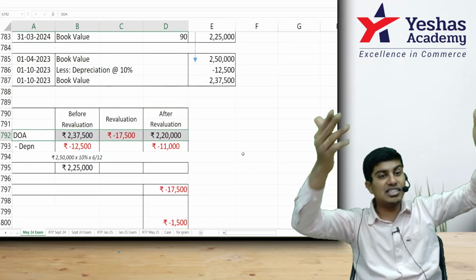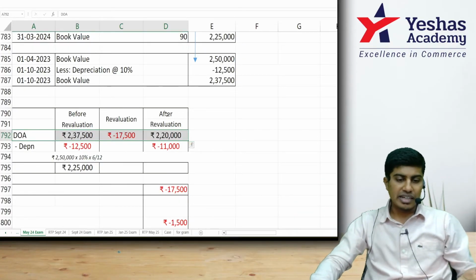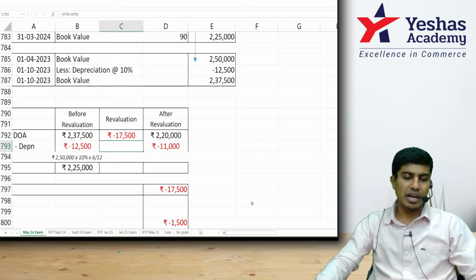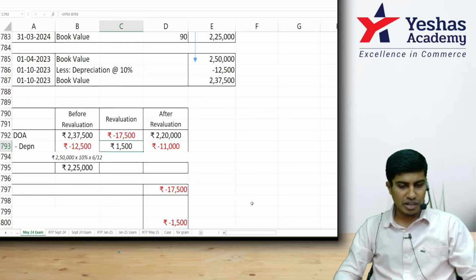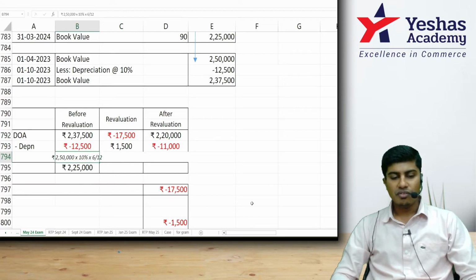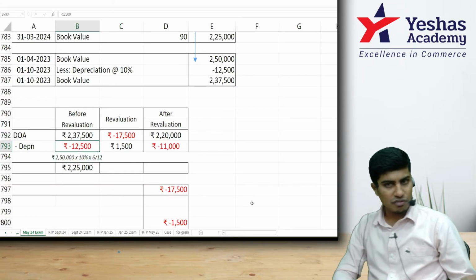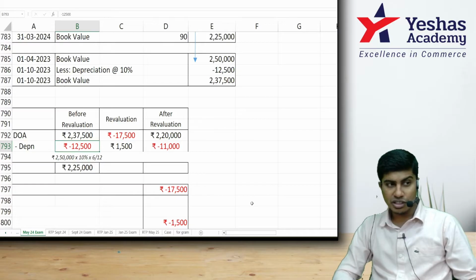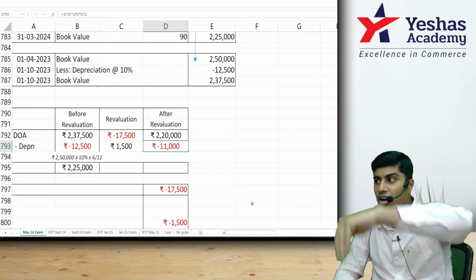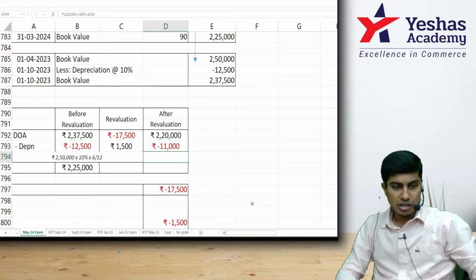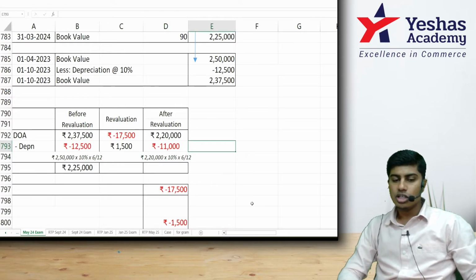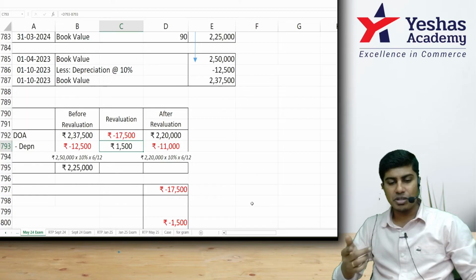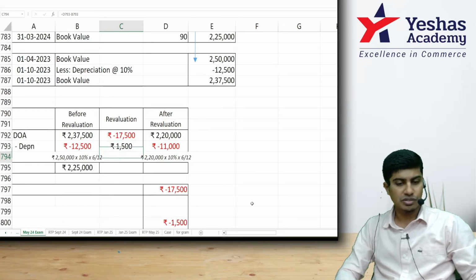We have charged excess depreciation which should be reversed. That is on 17,500 if you apply 10%, what do we get? Or you take 11,000 minus 12,500, 1,500. We would have already charged a depreciation of 12,500 before revaluation. Because of revaluation on 2,20,000, if you charge depreciation at 10% for 6/12, it eventually comes to 11,000. So 1,500 rupees excess depreciation was charged, which is supposed to be now reversed.